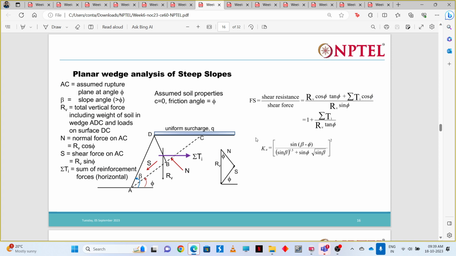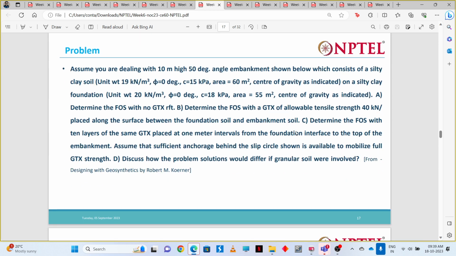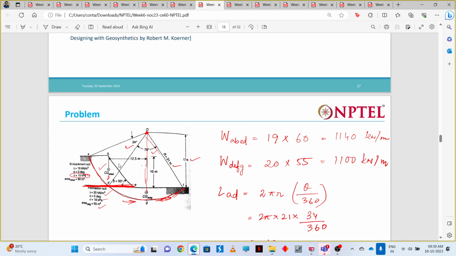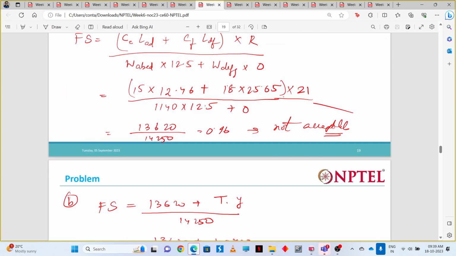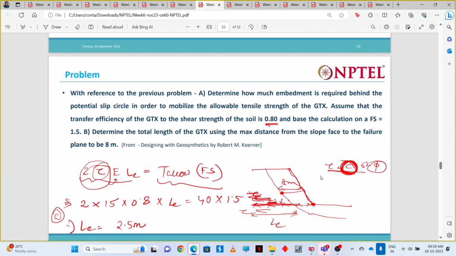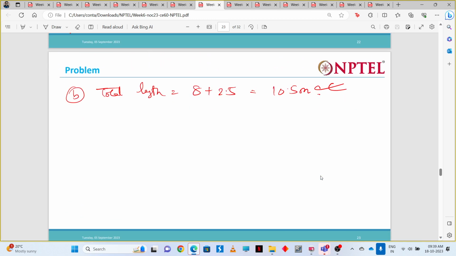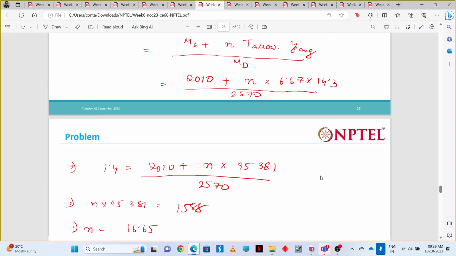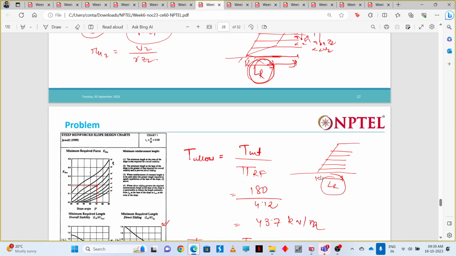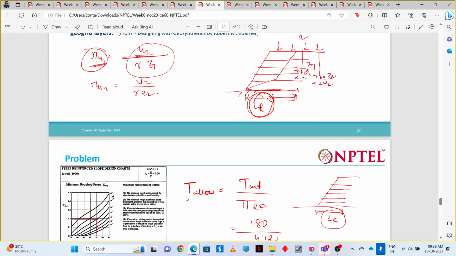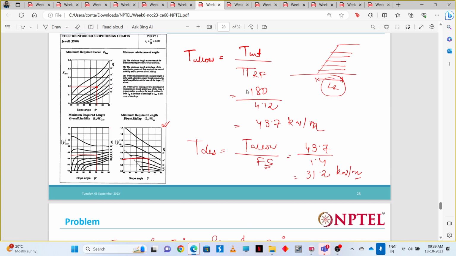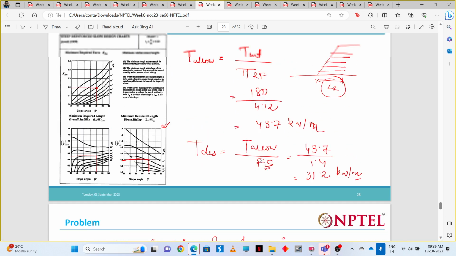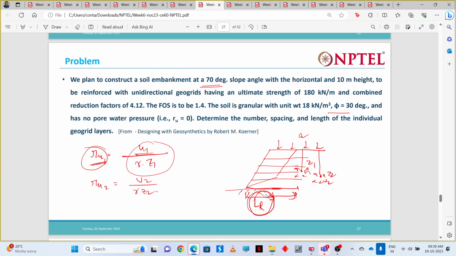So there are various methods to do this analysis. That's what I discussed. Then we solve an easy basic problem to find out the factor of safety for a slope. Then we also solve some problems where we use Jewell's method to determine the factor of safety and also decide the length of reinforcement.